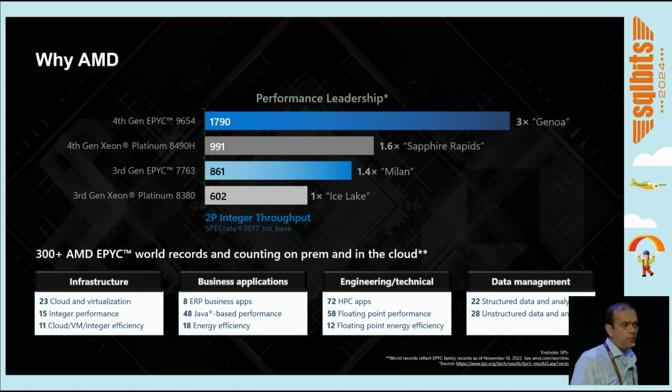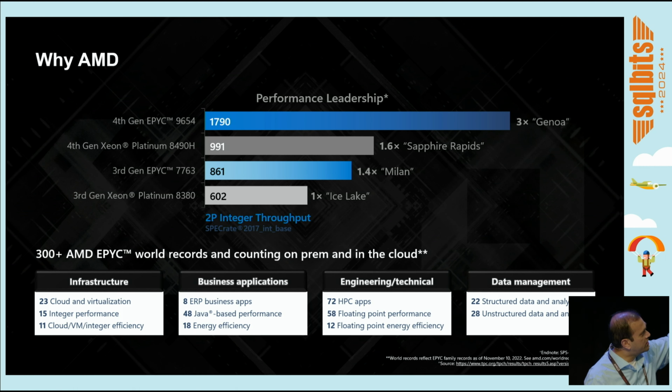I want to talk about some of the benchmarks and performance that we've collected on our fourth generation EPYC. And we've done a variety of workloads here. You can see the top bar is our 96-core AMD EPYC 9654 product, and we codenamed that Genoa. We're comparing it against the fourth generation highest-end Intel processor, Sapphire Rapids.